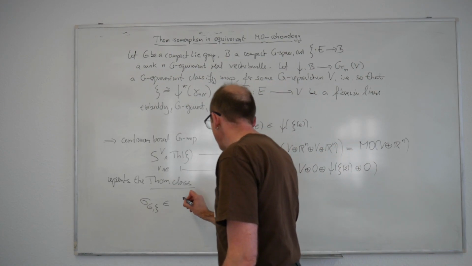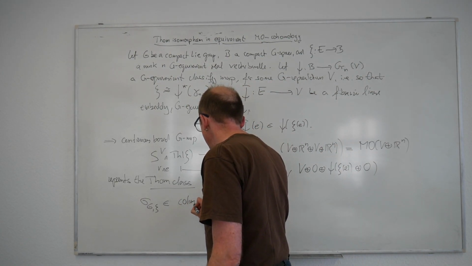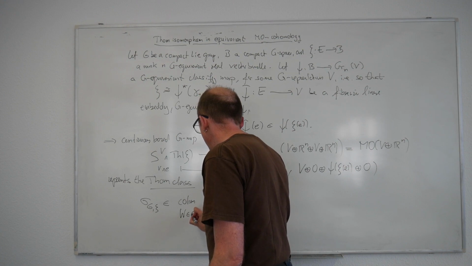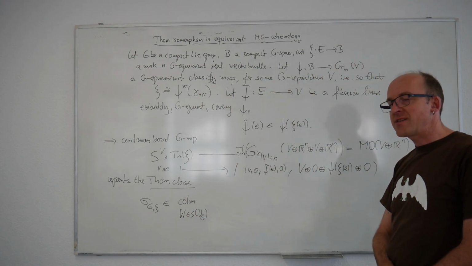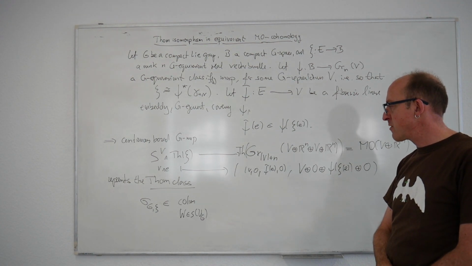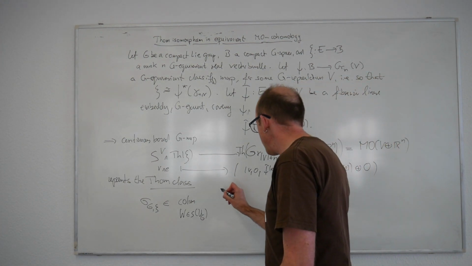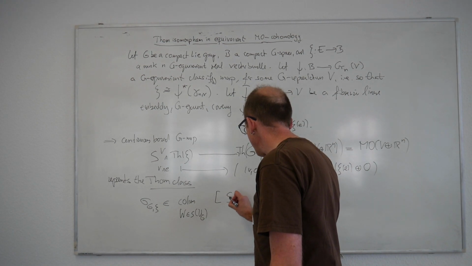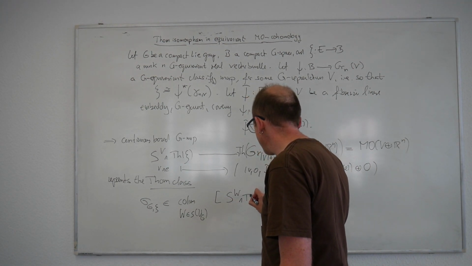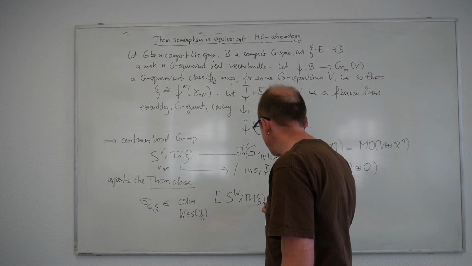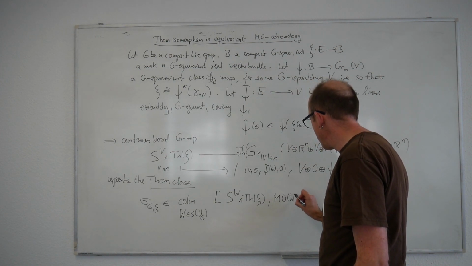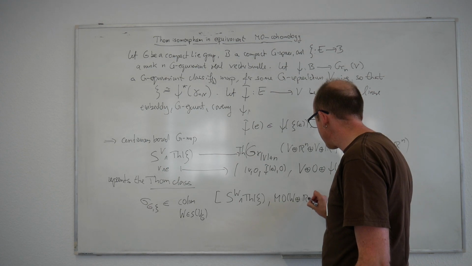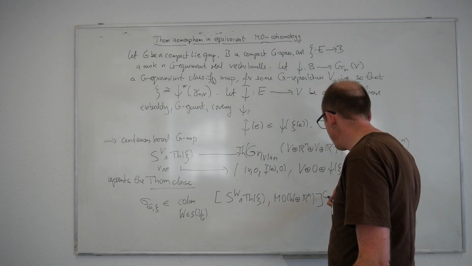I want this to live in the co-limit over all W running over finite dimensional subspaces of the complete universe, the same kind of co-limit that we've seen before, for example, in the definition of equivariant homotopy groups. And then I take as W smash the Thom space of Xi, and then MO plus Rn, G equivariant maps.